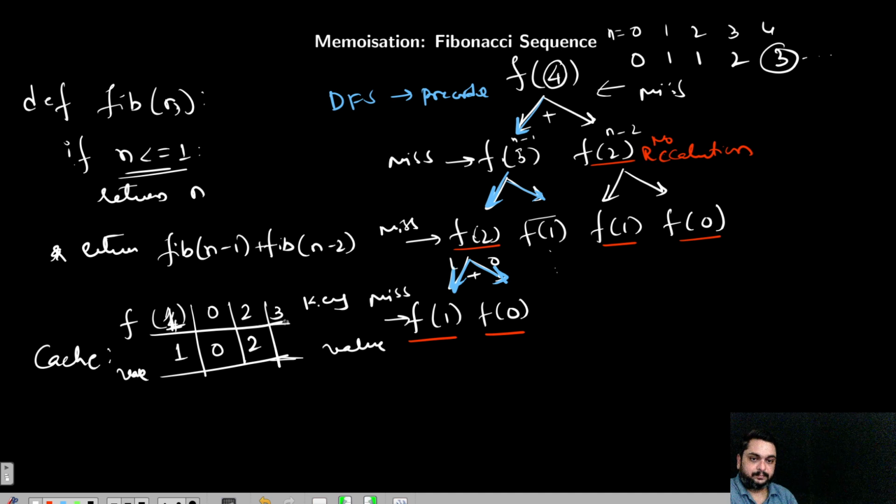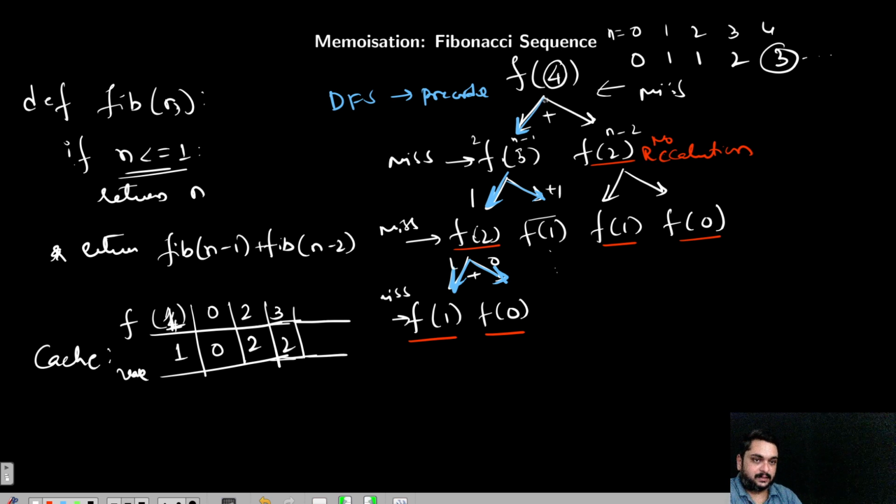Then 3, what is 3? It is 1 plus 1, so it is 2. Then I have 4. For 4, I still have to calculate.